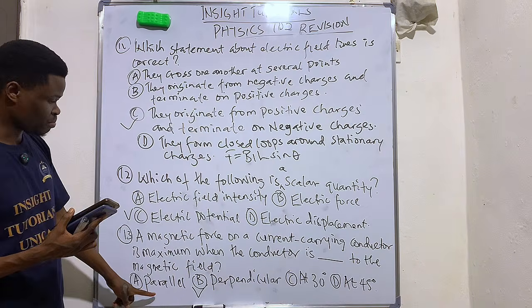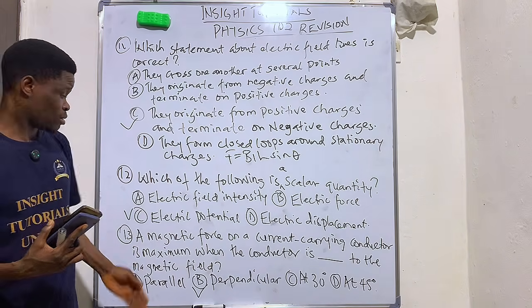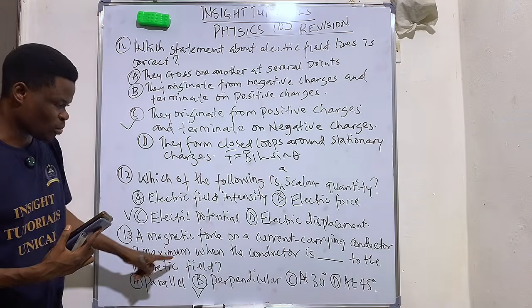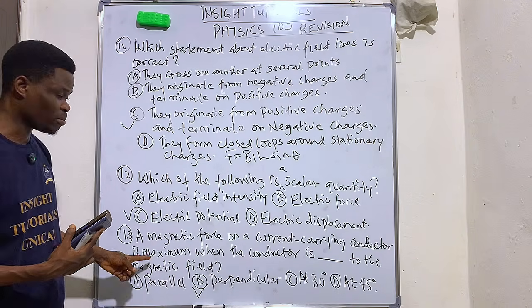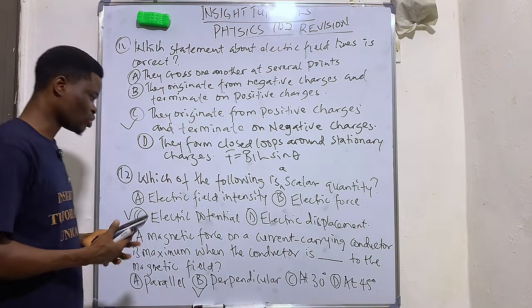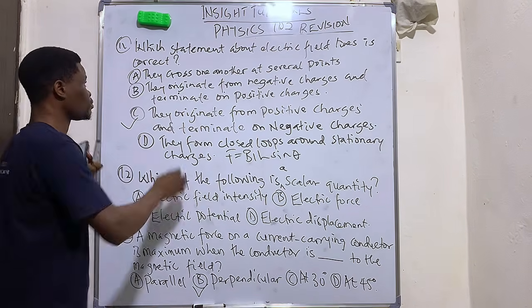We therefore say it is what? Parallel. But they said maximum. If they ask you for minimum, this would have applied, but that's not the case here. We're dealing with maximum force. So thank you, we're going to go to the next set of questions.